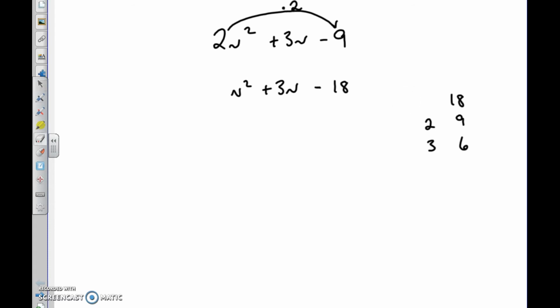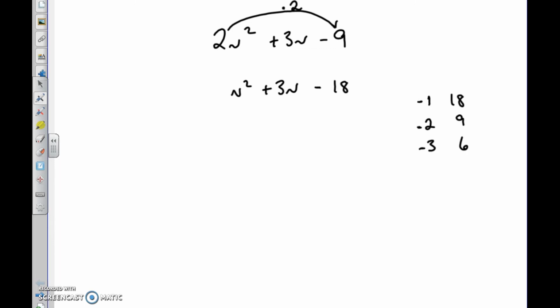So let me erase this dot I had out front. So let's see. We have a negative number on the outside. So the only way to multiply to get negative is for one to be positive and one to be negative. And then we have a positive on the inside. So when we add numbers for it to stay positive, if one's positive and negative, the larger number has to be positive. So in this case, we know that the largest number has to be positive, so the smallest number needs to be negative.